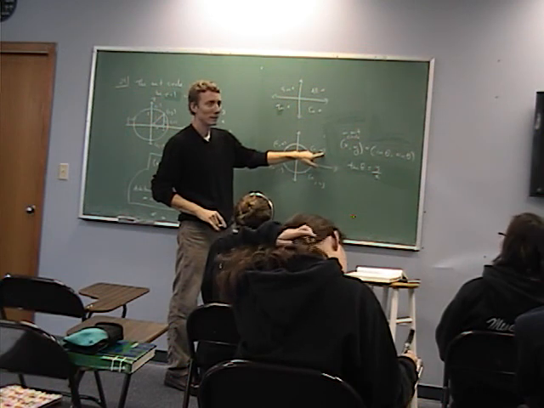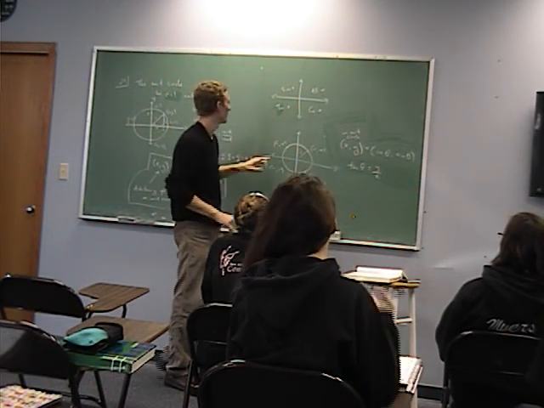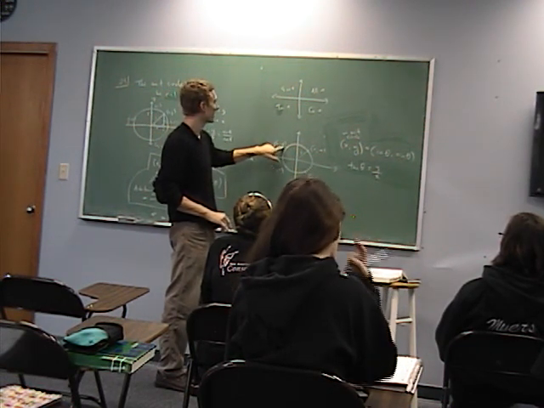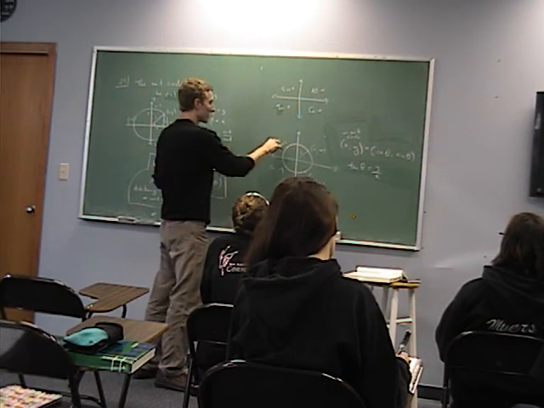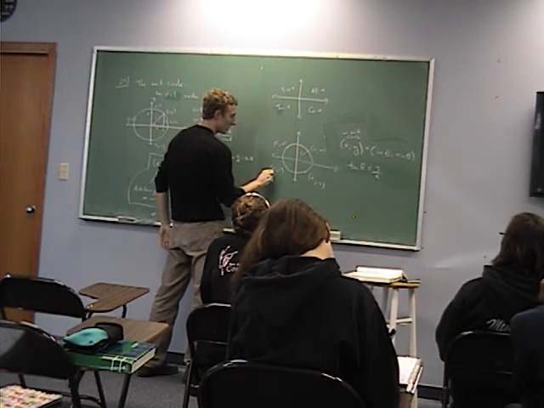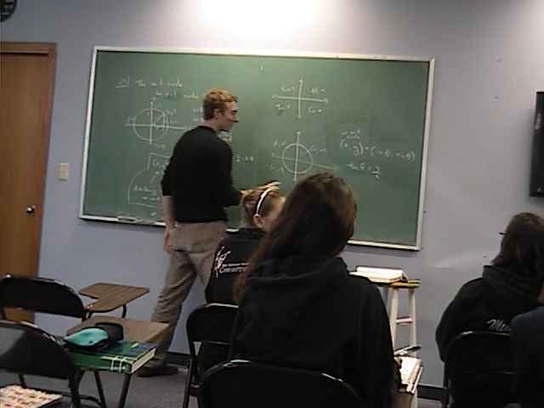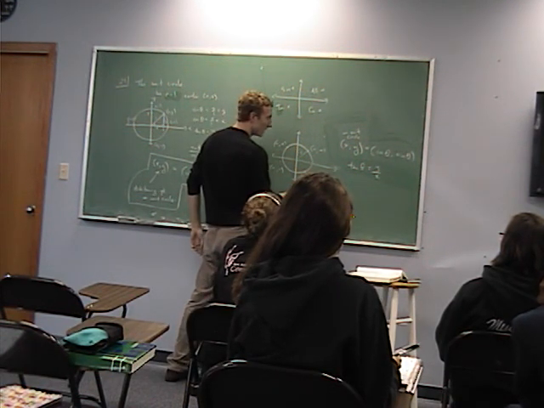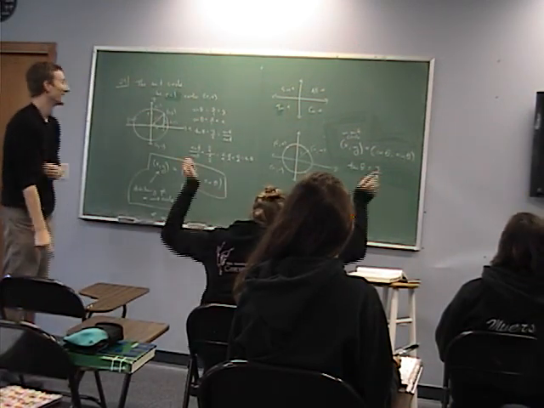Sine, positive. Tangent, positive. Cosine, negative. Sine, positive. Tangent, negative. It's division, possibility. Cosine, sine, tangent. Right?